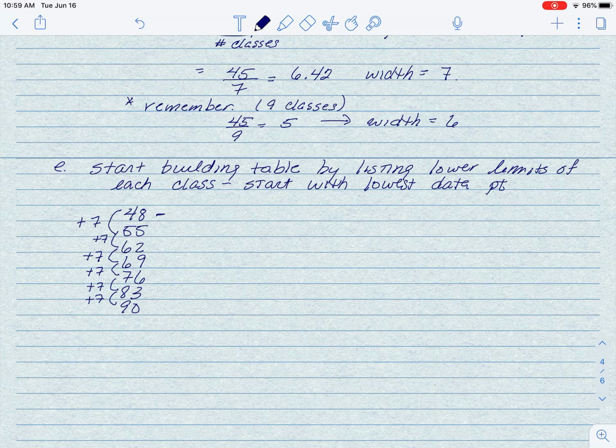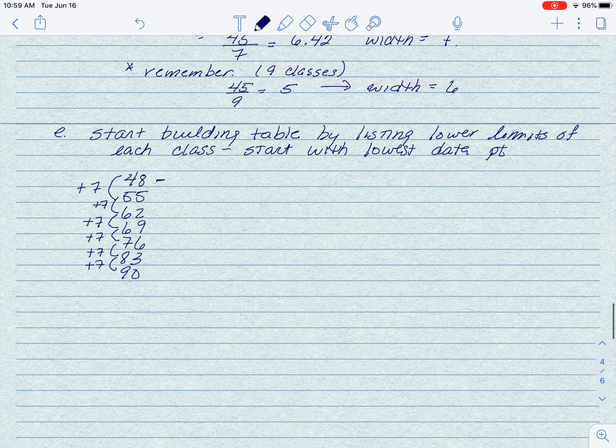Okay. Now over here, this is always one value less than what we had. So 48, if I ended at 55, this one's going to be 54. And notice that 54 minus 48 is 6. So each distance here is a distance of 6.